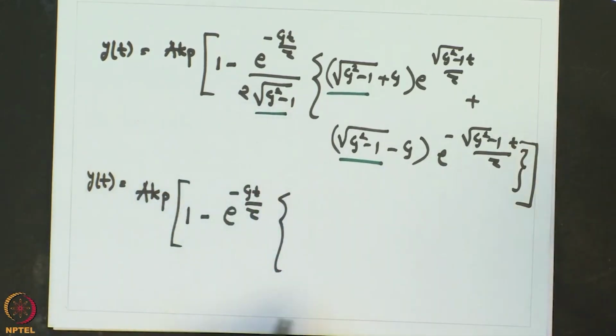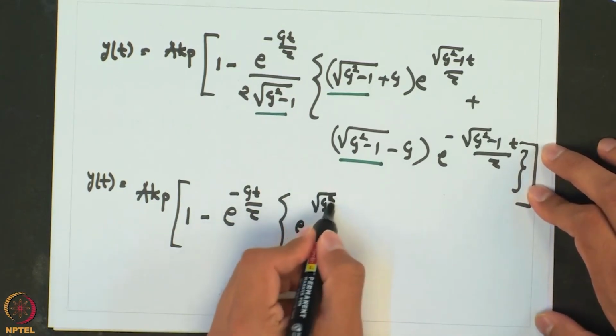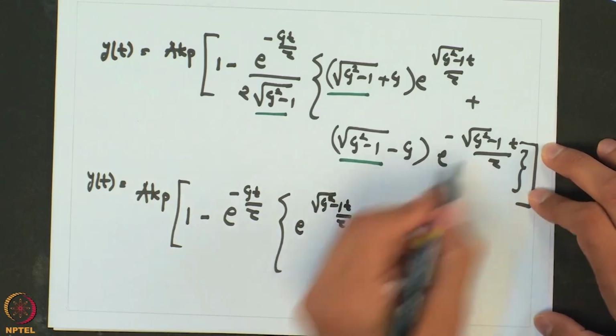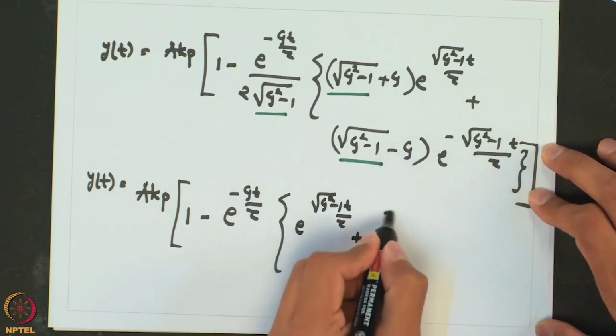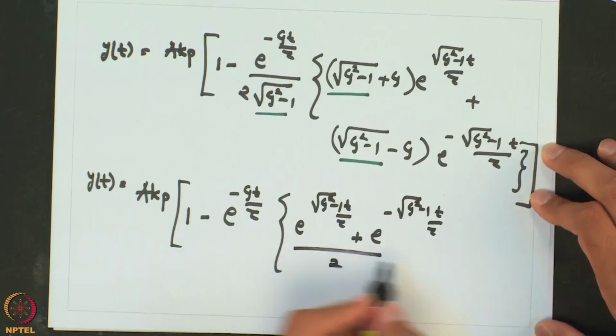So, what we would eventually be left with will be e raised to the power root of zeta square minus 1 t over tau plus e raised to minus root of zeta square minus 1 t over tau, over 2.